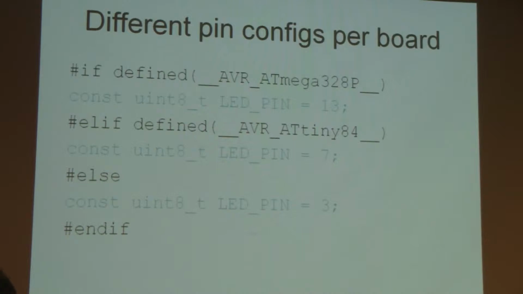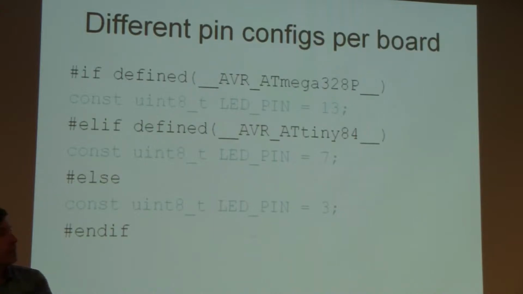One of the things I frequently do is if I have one set of code that I want to run on an ATtiny84, which has different numbers of pins and where the LED is different, versus if I want to run it on an Uno, I do these checks to see which one.